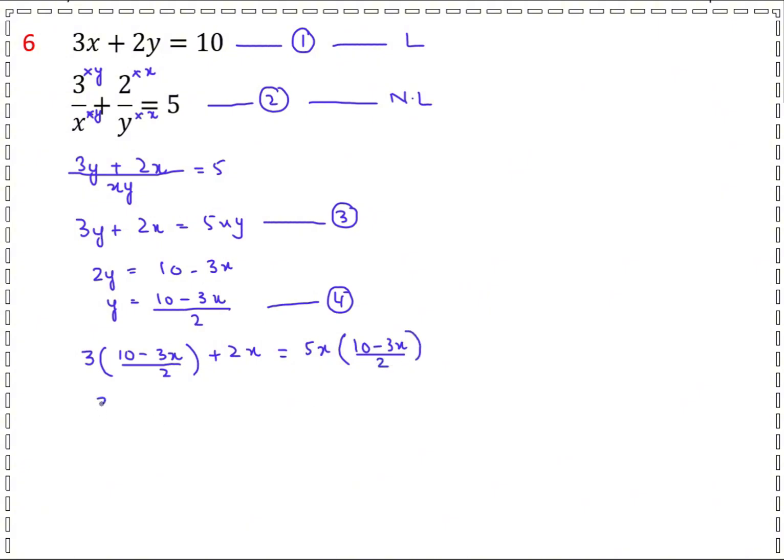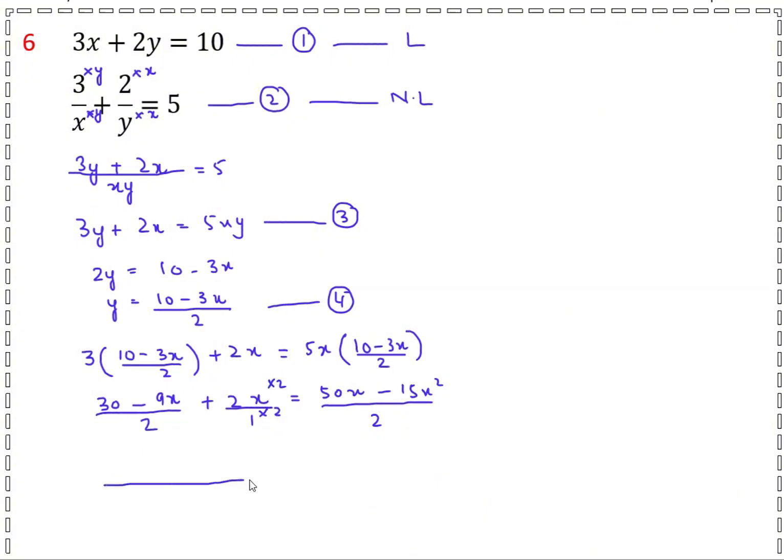We'll simplify it. 30 minus 9x upon 2 plus 2x is equal to 50x minus 15x squared upon 2. As this has denominator 1, we have to make the denominator the same, for which we'll multiply this by 2 and this also by 2.